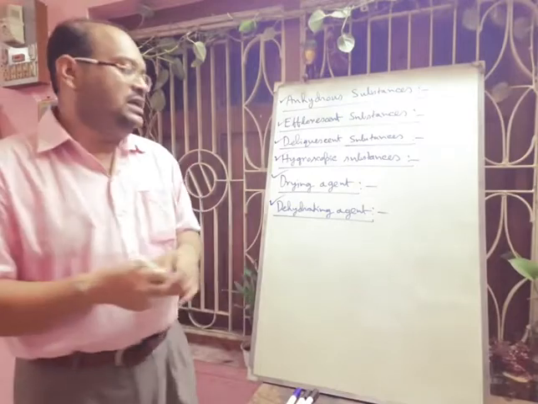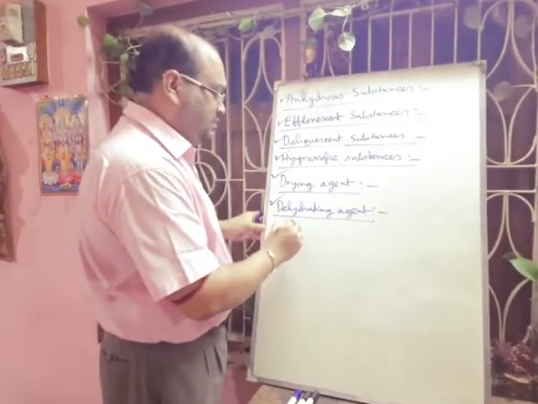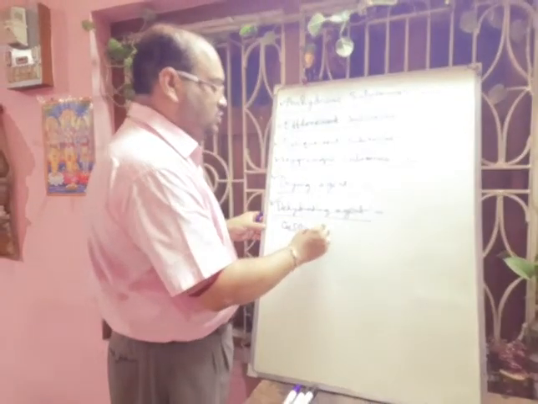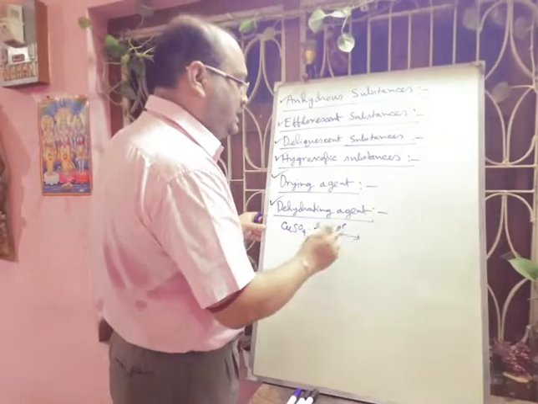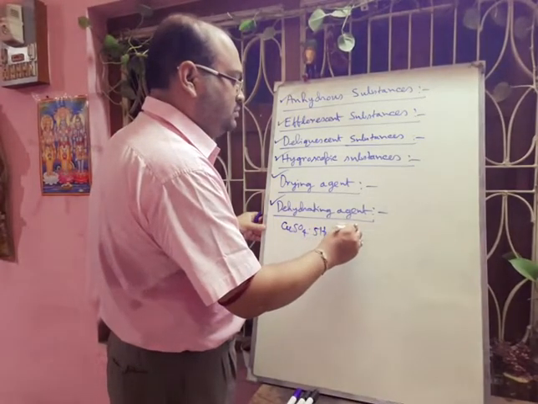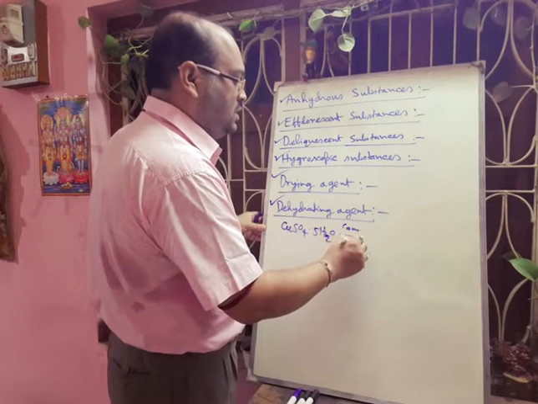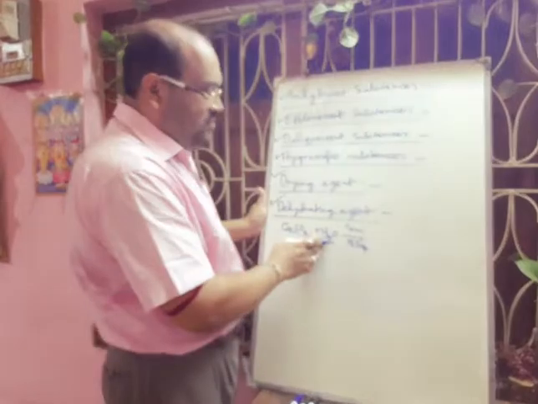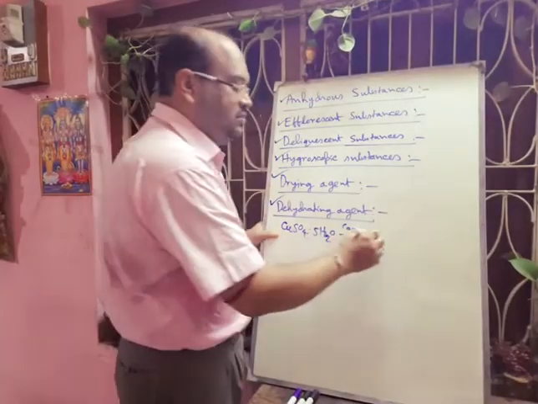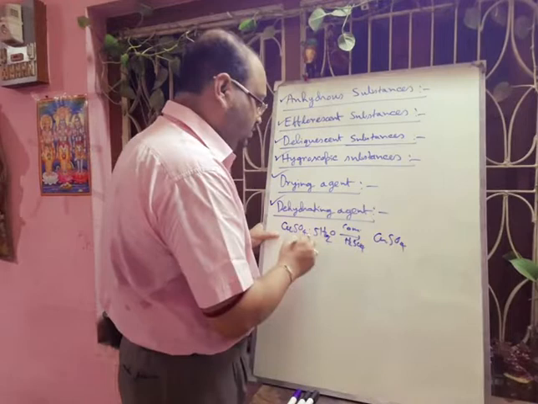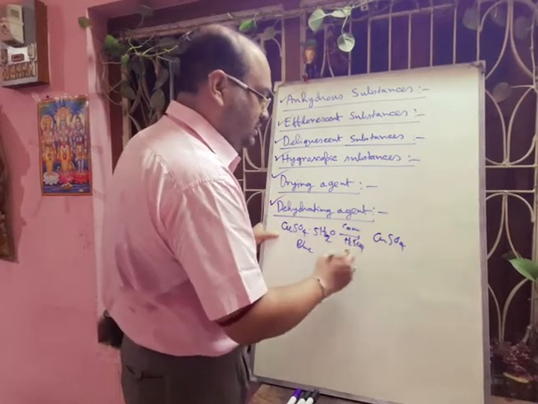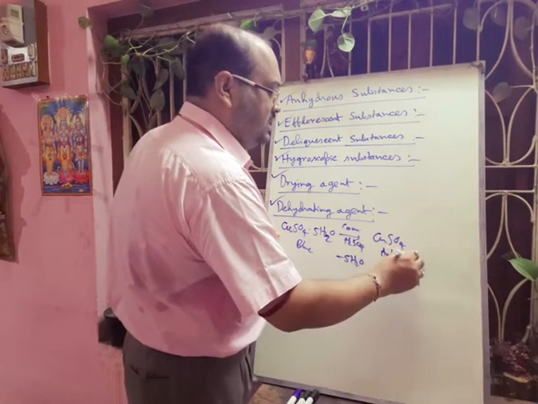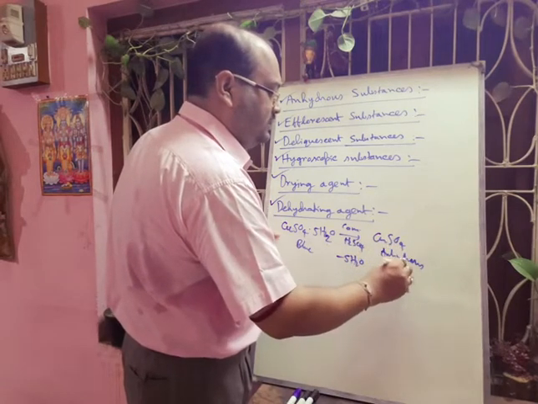Suppose we take copper sulfate, that means blue vitriol, CuSO4 dot 5H2O, and if you add some concentrated H2SO4, what will happen? Definitely it will absorb the chemically combined water molecules from this blue vitriol, and it will form anhydrous copper sulfate. This is blue in color, and there will be elimination of 5 water molecules, and this will be anhydrous, and its color will be white.